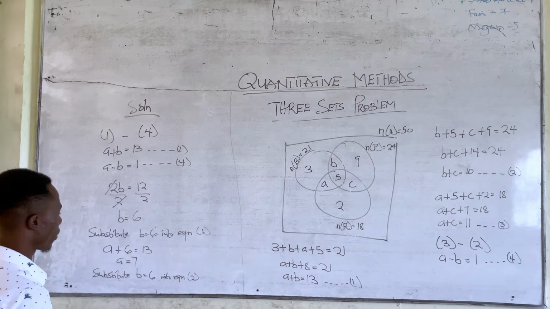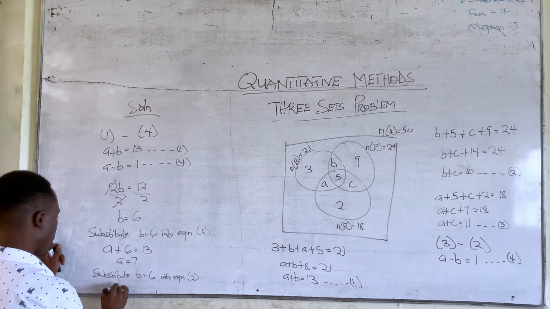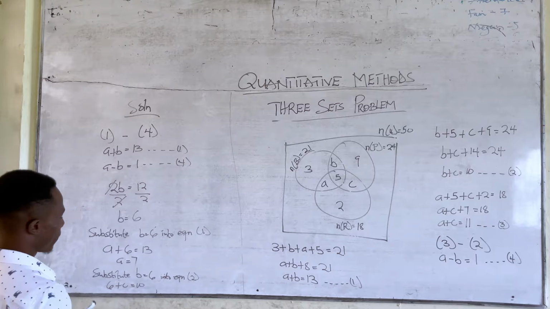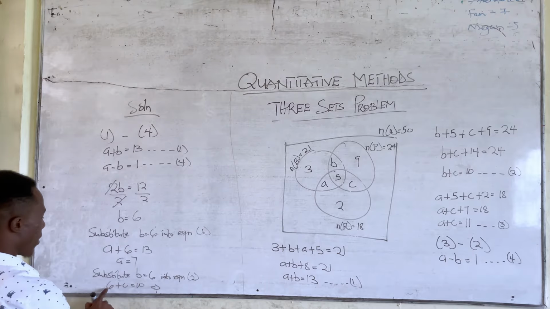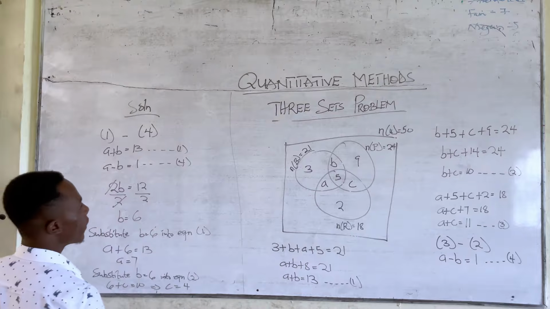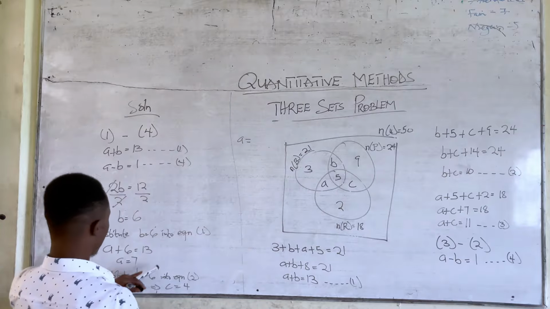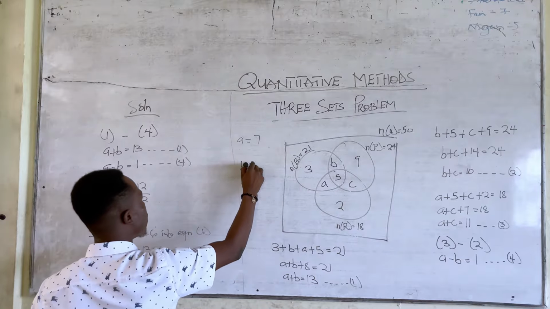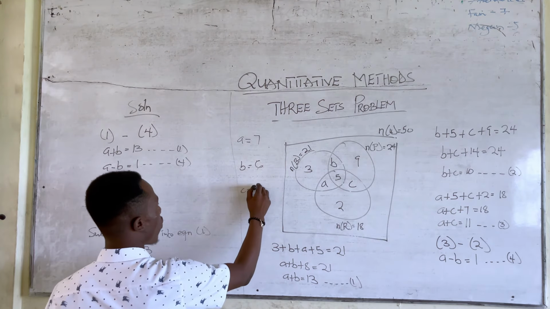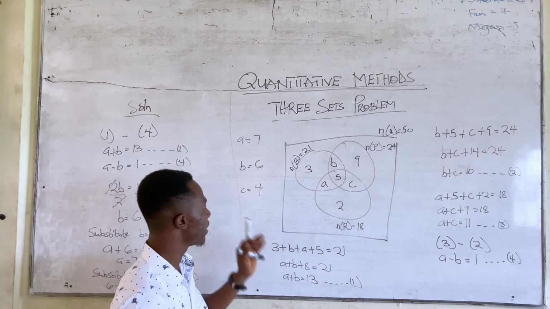In equation 2, we have B plus C, so we have 6 plus C equal to 10. And so 10 minus 6 is 4, so we have C equals 4. Now we are done, and we know our A is equal to 7, B is equal to 6, and C is equal to 4. So we are done solving for A, B, C.